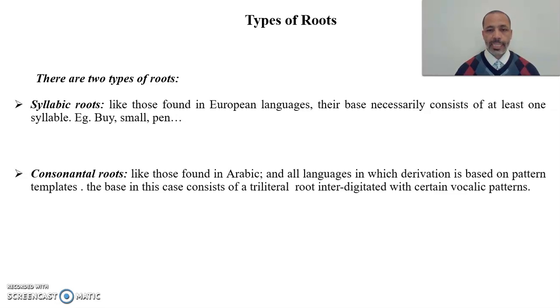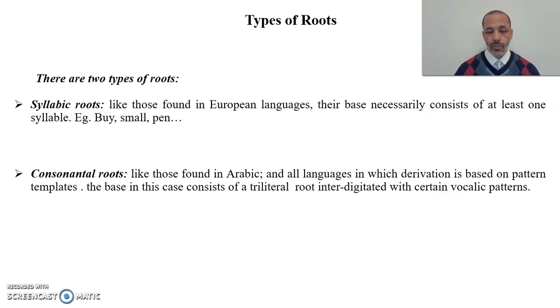What we mean by consonantal root, very simply, is this: in Arabic, if you take an example like kataba and you want to find out its root, the root of kataba is not kataba as a verb in the simple past, because kataba in Arabic is a verb in the simple past, third person singular. If you translate it into English, it becomes he wrote, huwa kataba.